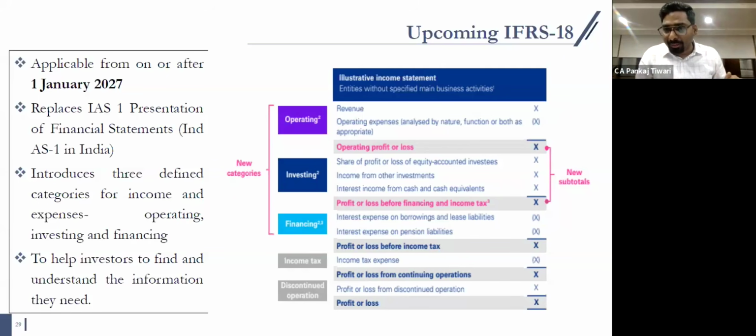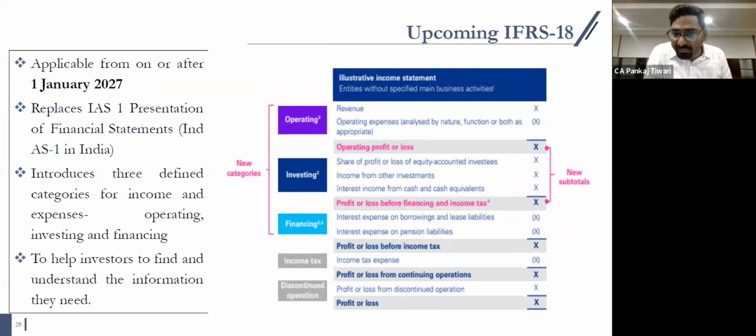The income statement, which is currently income, expense, profit, and then your EPS and all that, will be structured in such a way that you will have a revenue from operations, then an operating expense. That means you can easily make out what your operating profit is. Then you will have your income from investment and interest income, if any, because there will not be any expense as such relating to investing activity.